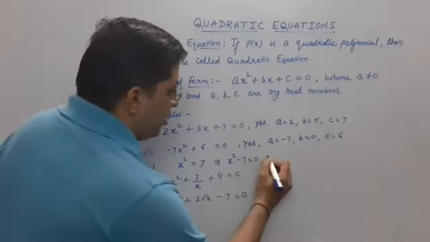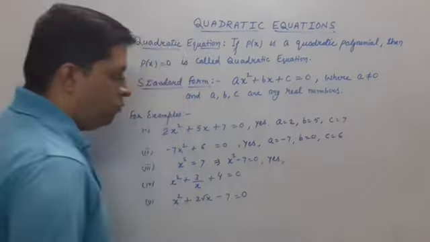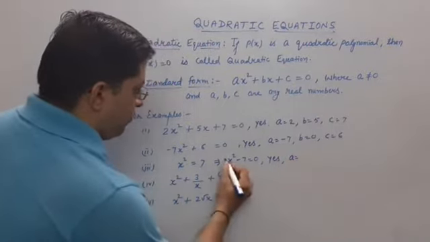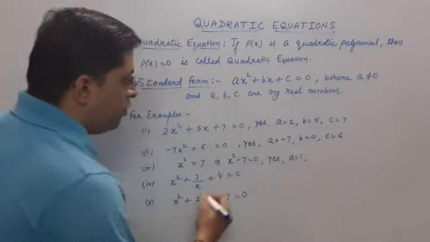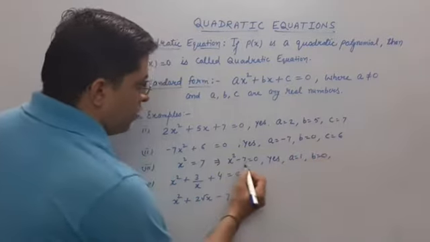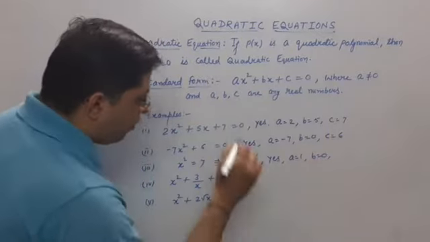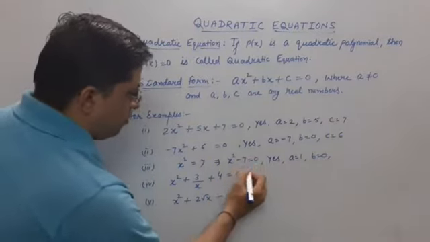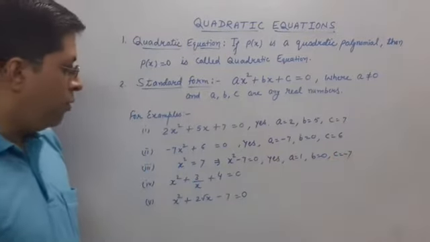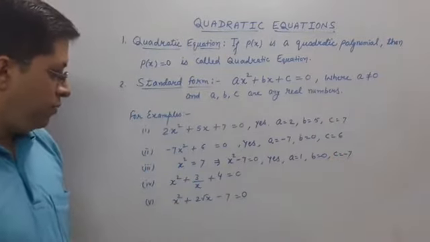So we can say yes. What is the coefficient of x square? This is 1. The coefficient of x is not there. It means this is 0. What is the constant term? This is minus 7. Okay, come on. Next one.